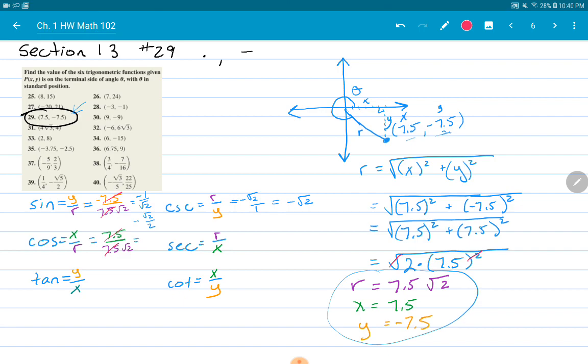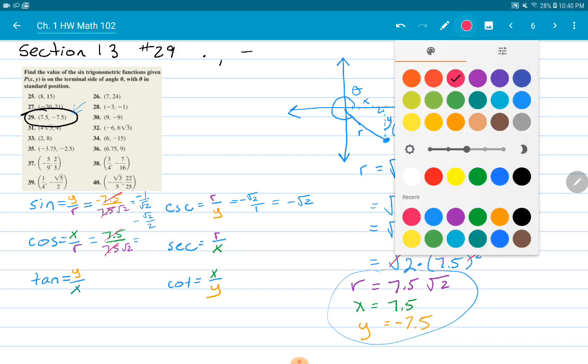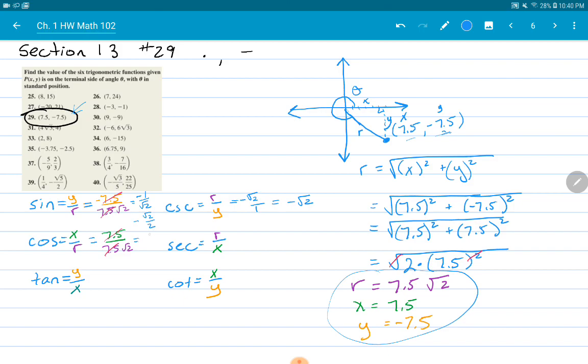This time they're both positive, so my final answer is going to be positive. And I get a 1 over radical 2, or if I rationalize that, I'll get radical 2 over 2. And my secant, I'm just going to take the multiplicative inverse, which means take the reciprocal. So that's radical 2 over 1, which comes out to radical 2.